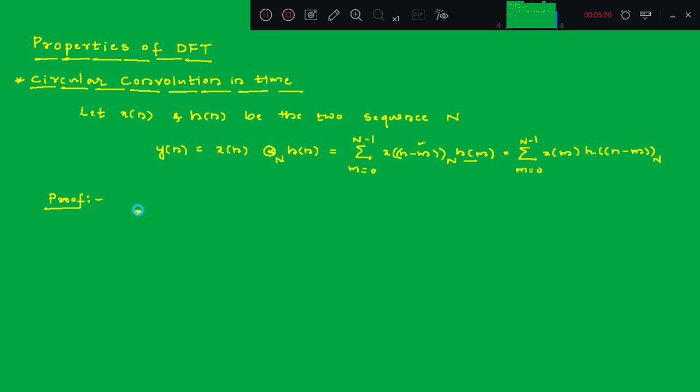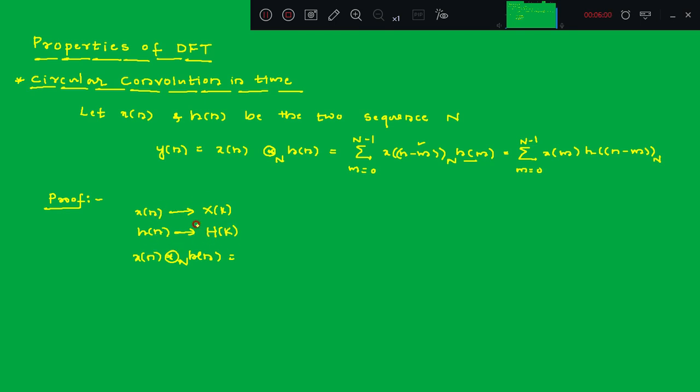So if I say x of n, its DFT is X of k, and the DFT of h of n is H of k. The convolution of these two sequences in time, that is x of n circular convolution with h of n, is equivalent to multiplication of the DFTs of these two sequences.